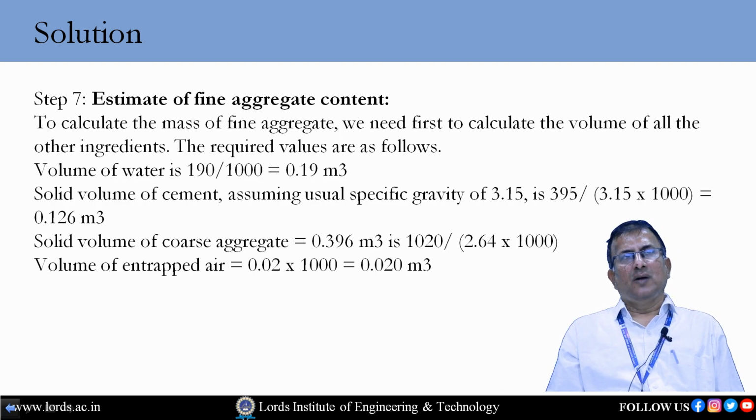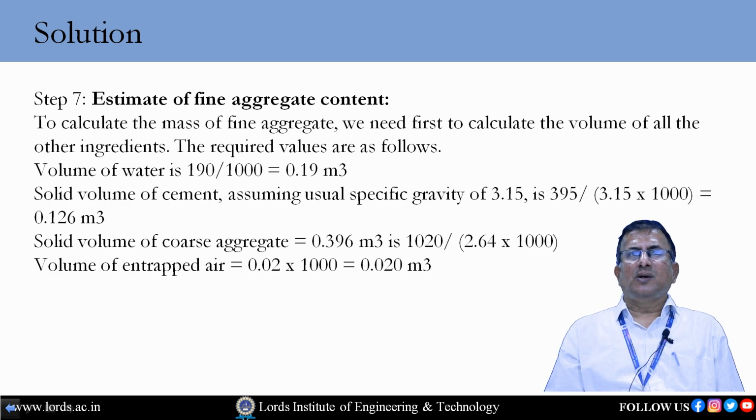Now we know all the volumes, all the volumes of the ingredients of the concrete. Now we should calculate the volume of the fine aggregate. Except for the volume of the fine aggregate, we know all the volumes present in the concrete.